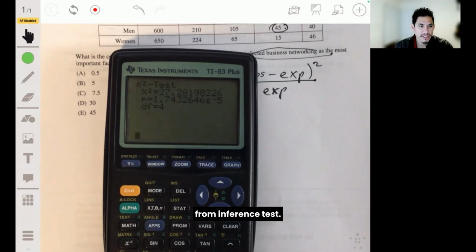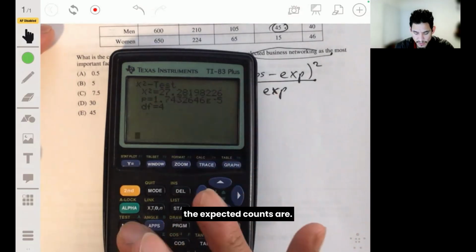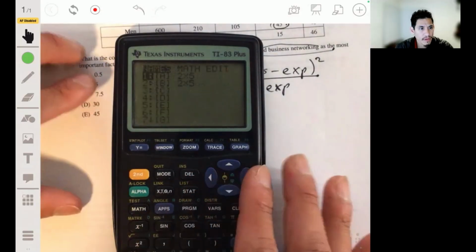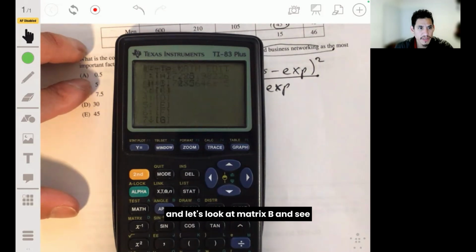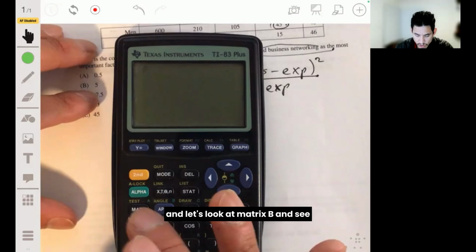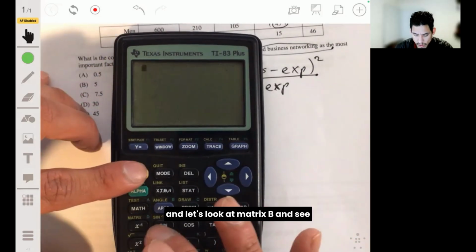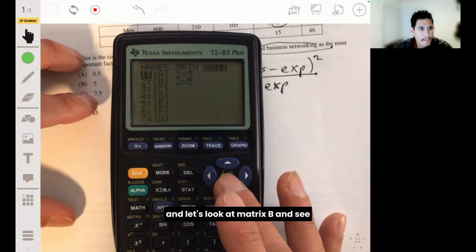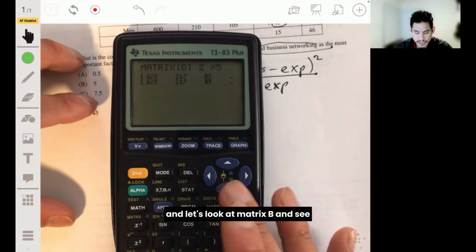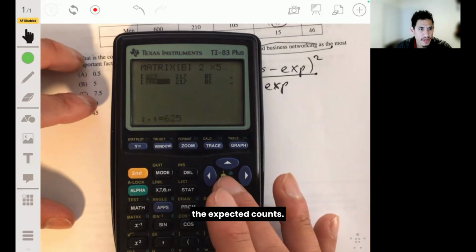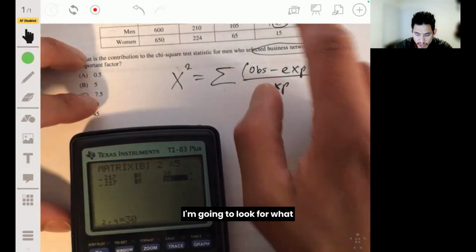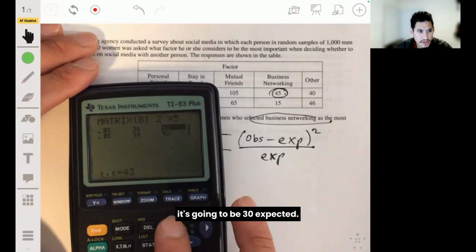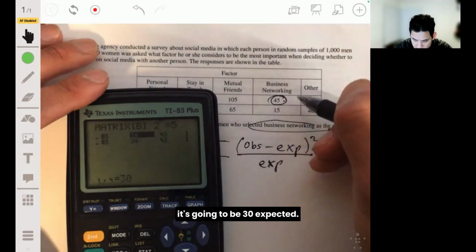But let's look at what the expected counts are. Let's go back to matrix and look at matrix B. In matrix B I have the expected counts. I'm going to look for what the expected count was in this column, and you can see the expected was 30.